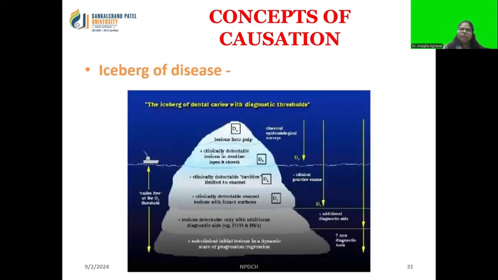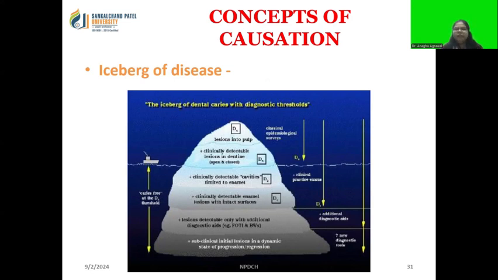Then the next concept is the concept of causation. The last concept of causation is the iceberg phenomenon. So what do you mean by iceberg? Has anybody ever seen an iceberg? What is the quality of an iceberg?